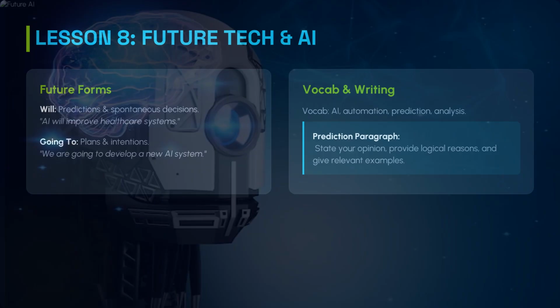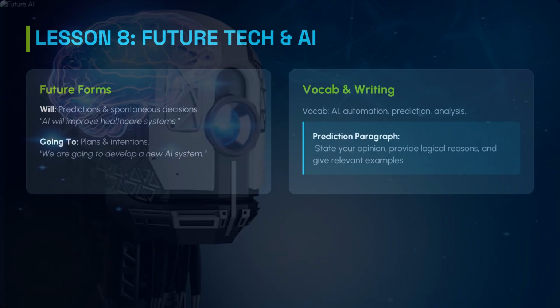Finally, in our last lesson, we looked forward when we predict what AI will do. We use will because the future is a bit uncertain. AI will automate more jobs.